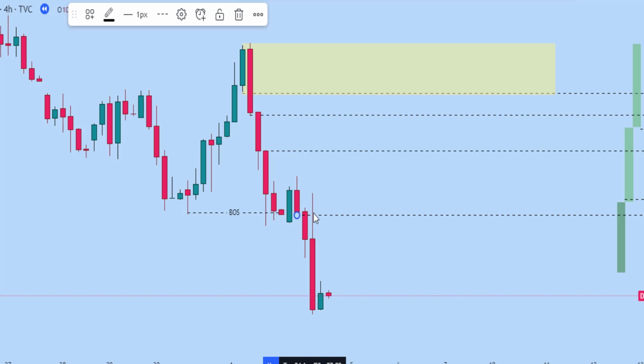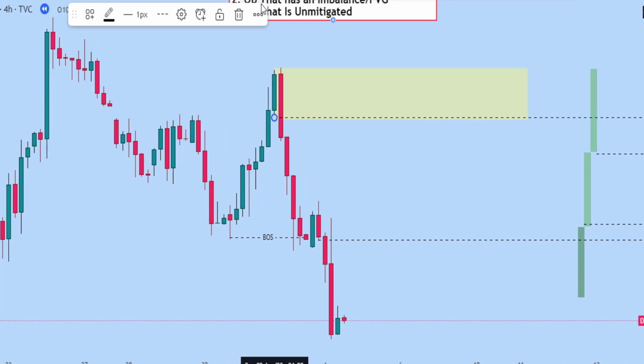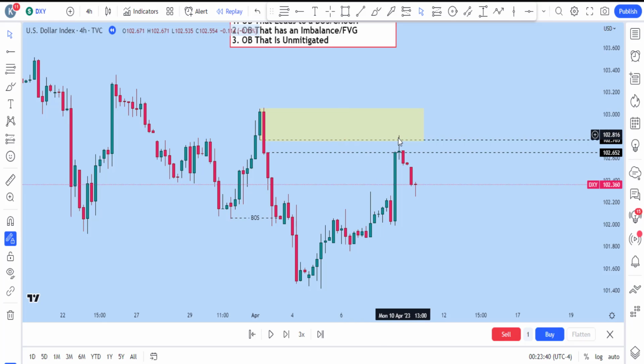So there is no fair value gap here, but here we can have a fair value gap close to our order block. Now our order block has also created an imbalance close to it. So this is a fair value gap. How to find it? This is a fair value gap. You can learn how to actually enter in the lower time frame.